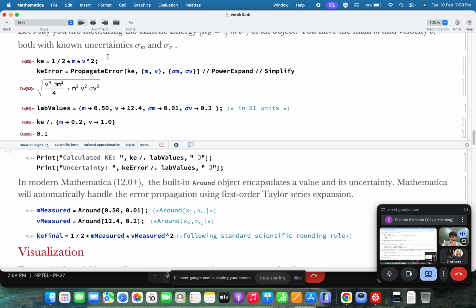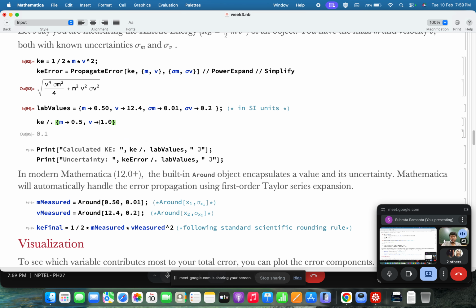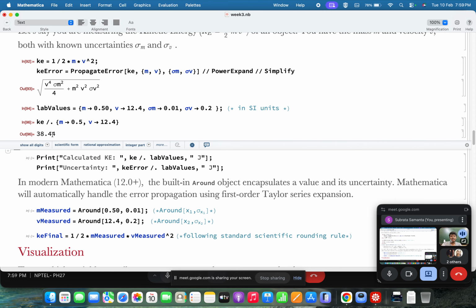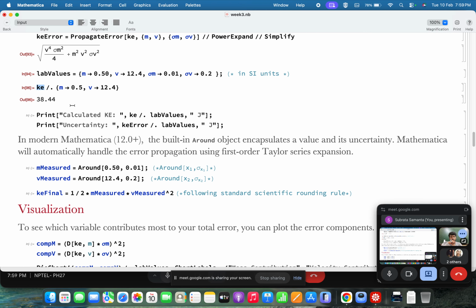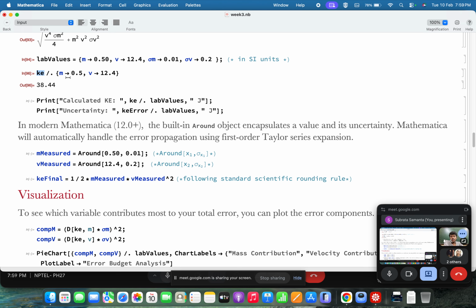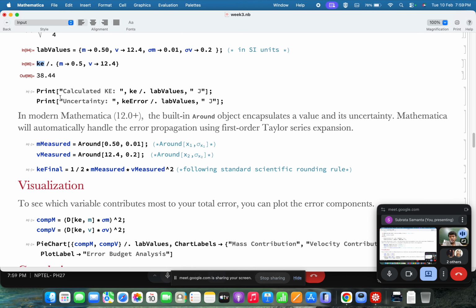If you put other numbers, let us say 0.5 and 12.4, it is 38.44, your value of the kinetic energy for this particular m and v. Now I can also print this. So this is my calculated kinetic energy at these lab values. That means I will get 38.44.